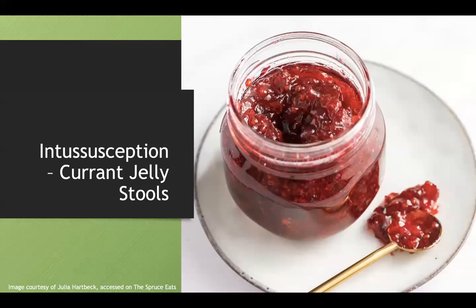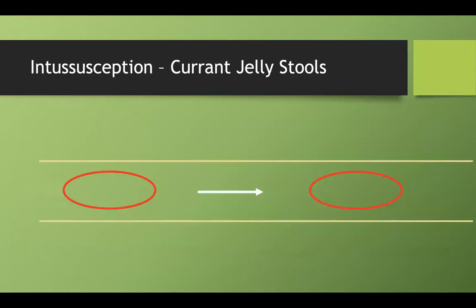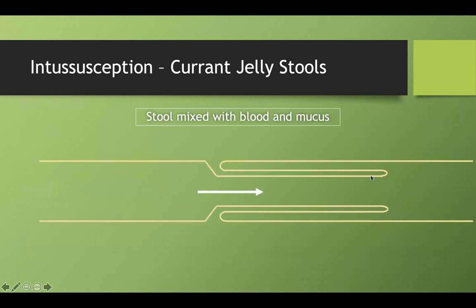This is what currant jelly looks like. So what's happening here is that as this part of the bowel is going through this part, the cells on this are going to get ischemic and they're going to die off. And when they die off and slough off into the stool, you're going to get a lot of blood and mucus, and that's what causes that currant jelly stool.